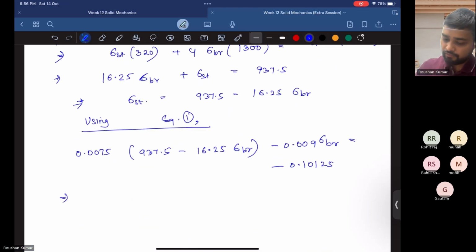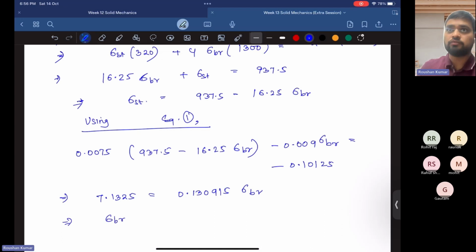If we calculate this, we come out to be 7.1325 equal to 0.130915 sigma of the bronze. So finally, sigma of the bronze is equal to 54.48 megapascal.